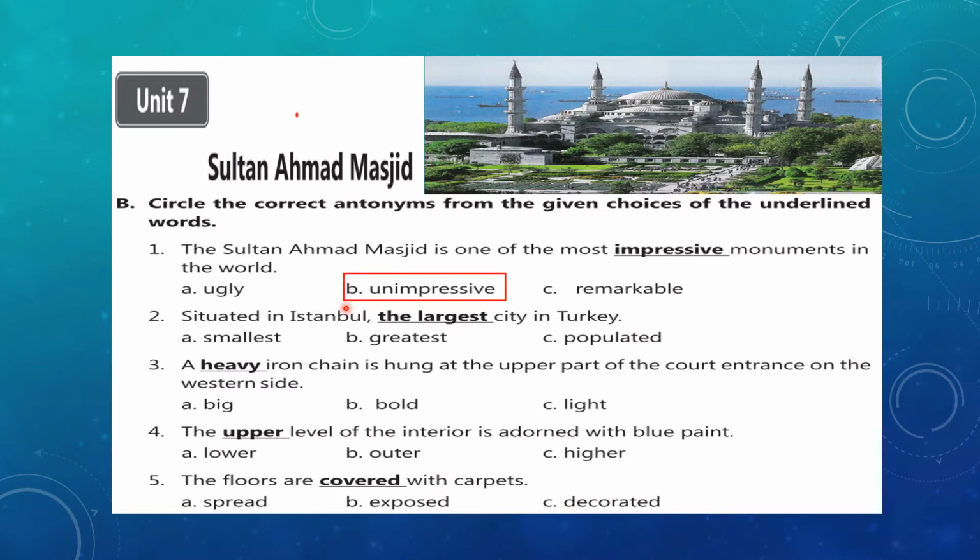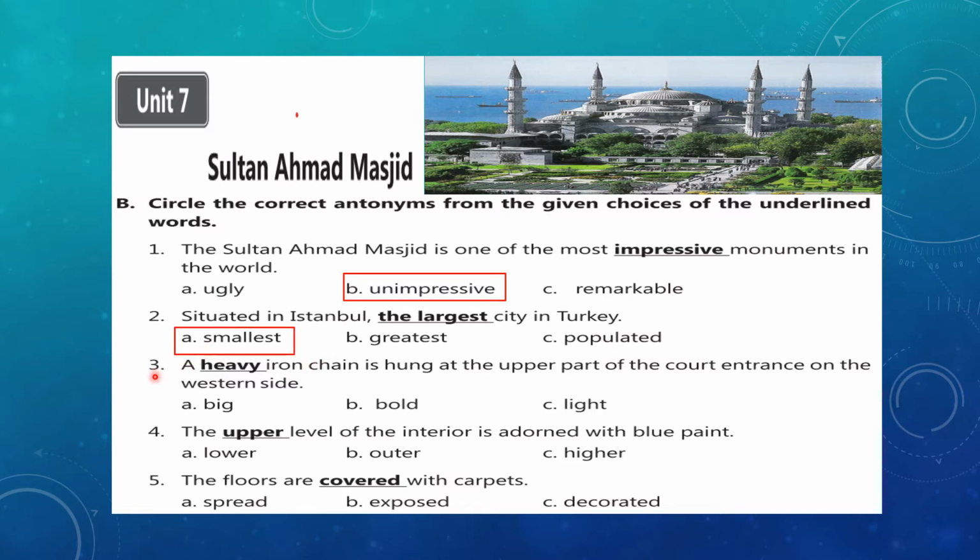unimpressive, right? Second sentence is situated in Istanbul, the largest city in Turkey. The underlined words are the largest and we are going to find the antonym of this word. A option is smallest, B greatest, C populated. Again, it's very obvious. The correct option is smallest.